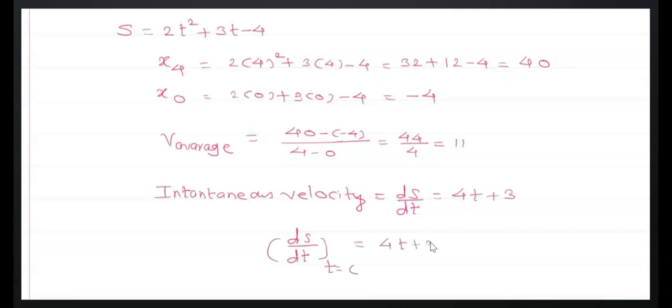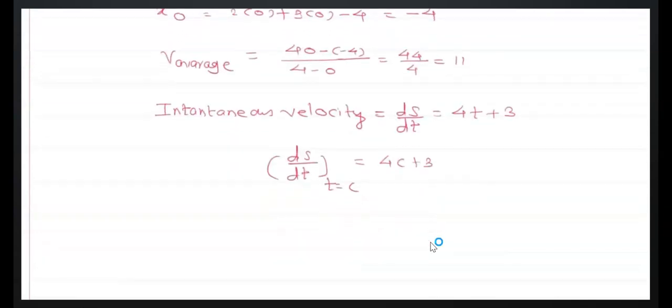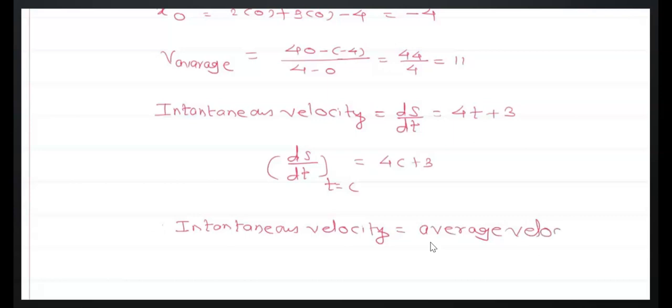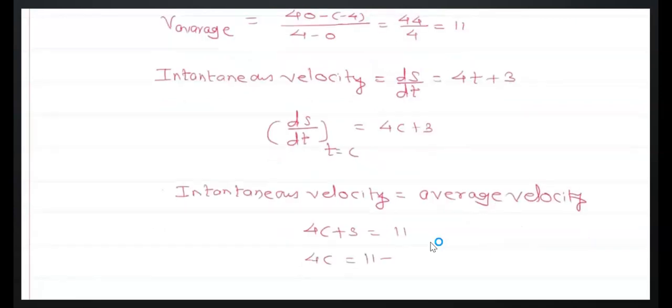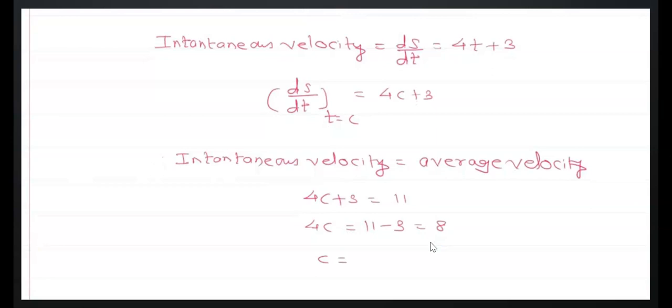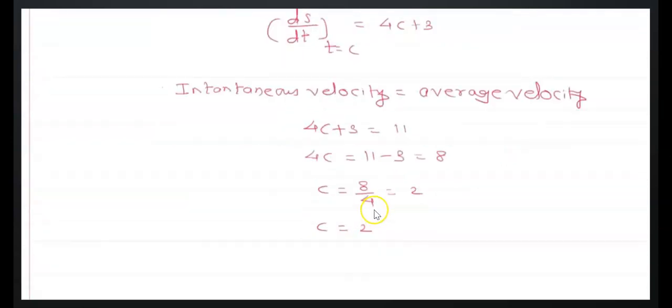At t = c, that is 4c + 3. The instantaneous velocity equals the average velocity, so 4c + 3 = 11, and 4c = 11 - 3 = 8.